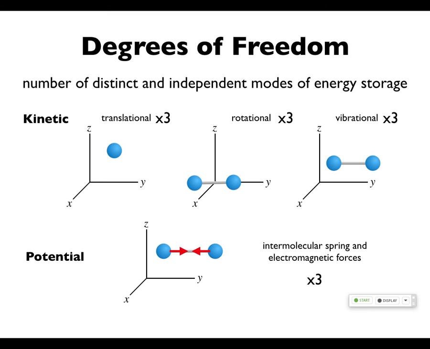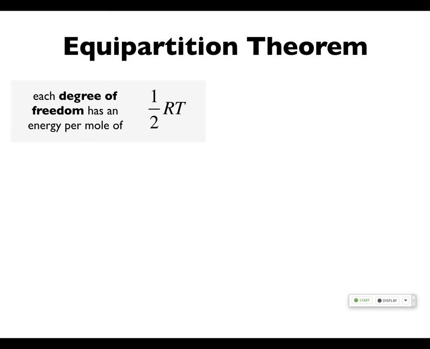So this brings us to something called the Equipartition Theorem. For each degree of freedom, there's an energy per mole of 1/2 RT. R is just 8.31 joules per mole Kelvin, and T is temperature in Kelvin. So for each thing you end up with joules per mole, a certain amount of energy for a certain amount of molecules.